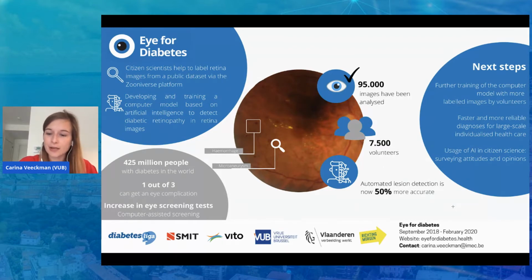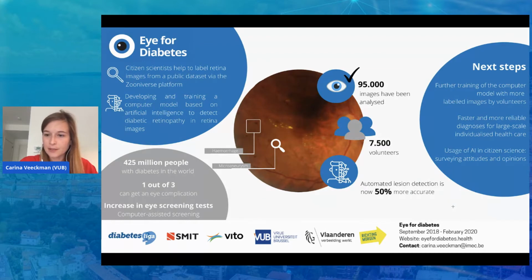I have to say right now the project is put on pause because one of the positive outcomes, I would say, of the COVID-19 pandemic is that there was an increase in participation and interest in our project. People had more time, and we couldn't provide the necessary support for all the volunteers. That's why it's put on pause right now. And we are looking for additional funding to help us with this support and communication.